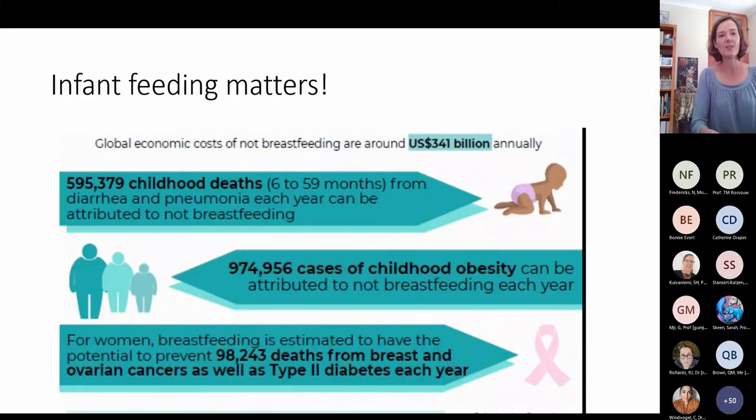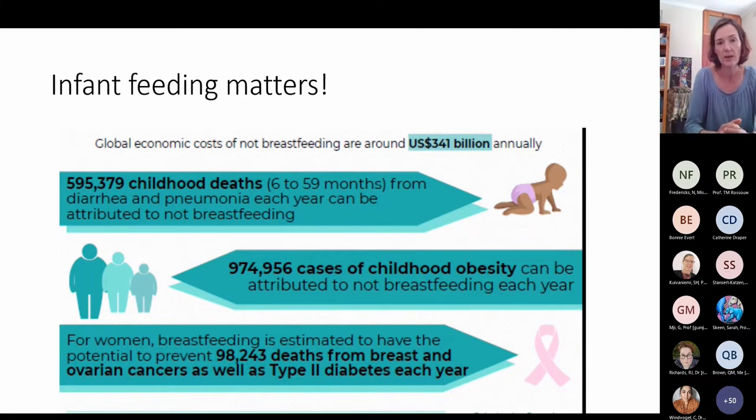Okay. So the feeding practices of children are important. In the first 3 years of life, the way children are fed profoundly affects their health, their development, and their survival. And there are enormous health benefits of breastfeeding to women as well. And so decisions about infant feeding should really be based on the very best information, on accurate evidence, and influenced only by what is best for the parents and the child.